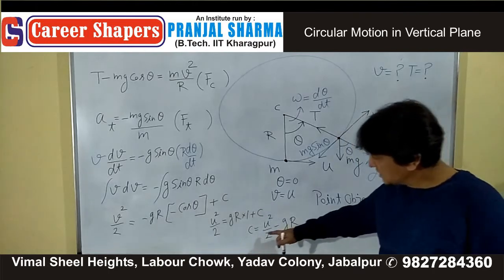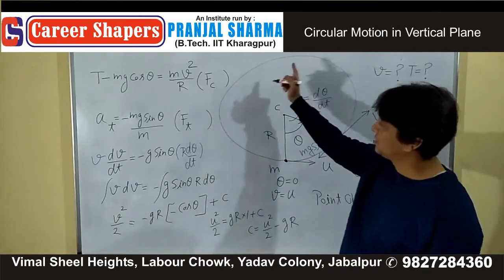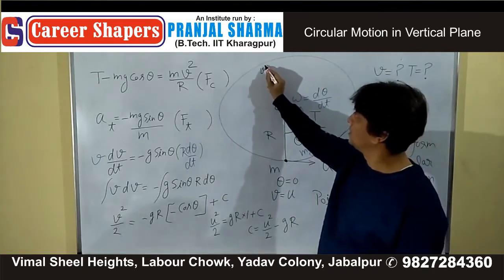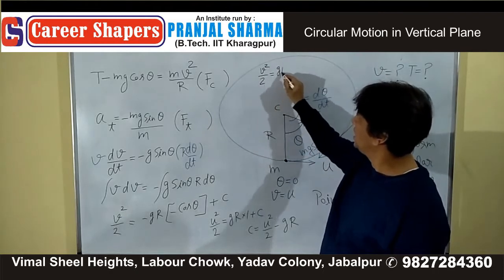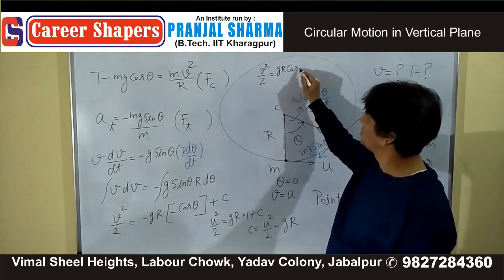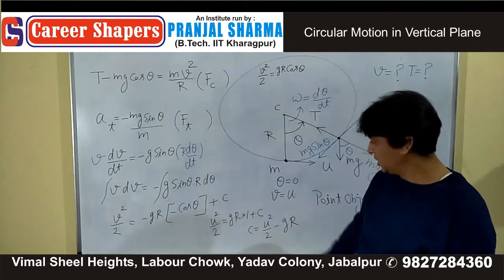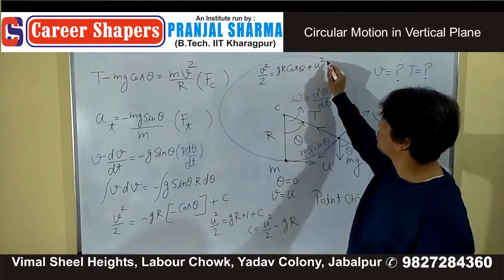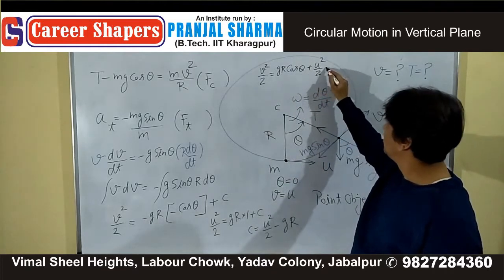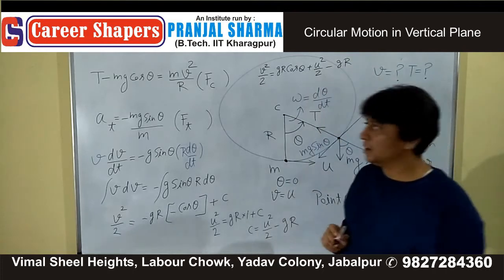When you put this c back in this equation, you get v square upon 2 equals gr cos theta plus c, which is u square upon 2 minus of gr.